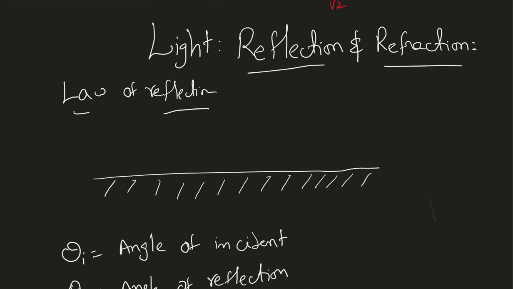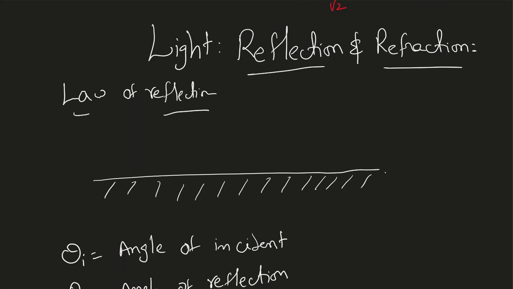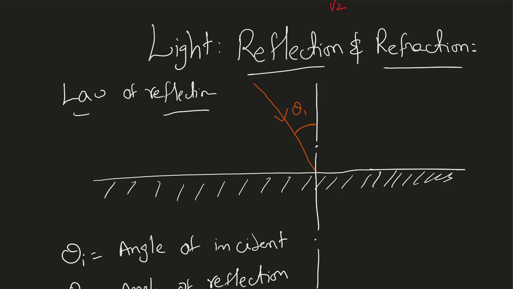Now, if a light ray falls onto this object, assuming this is an object, here is the normal. Normal is a perpendicular line to that object. Assume that this object is on the x-axis. Now, if a light ray falls onto it with an angle of theta I, the theta I is the angle between the light ray and the normal.